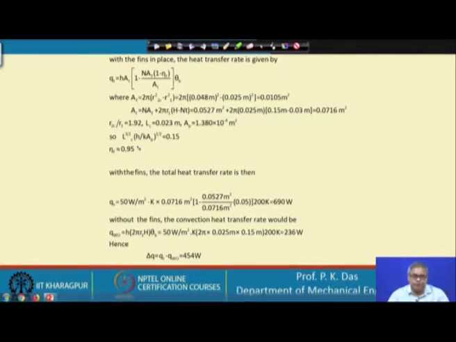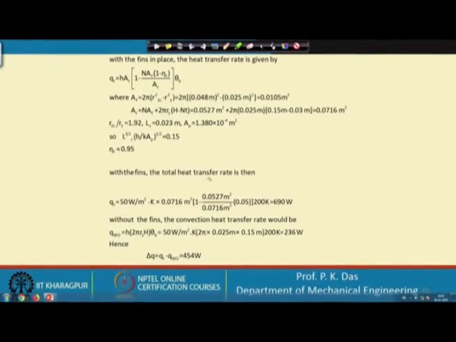In fact, of course, what fin efficiency we will take or design will depend on the application, but rarely we go below 75%. We generally go for higher fin efficiencies. With the fins, the total heat transfer rate is given by this, this is q t.